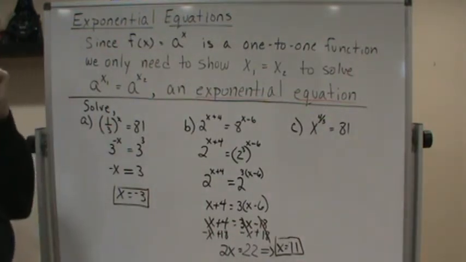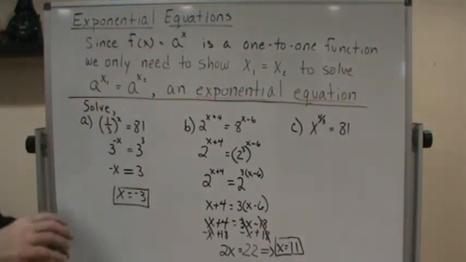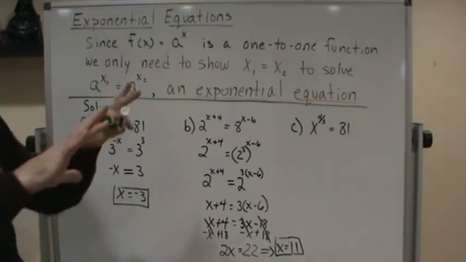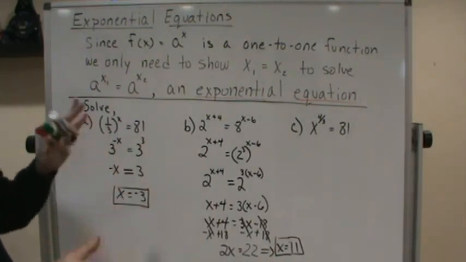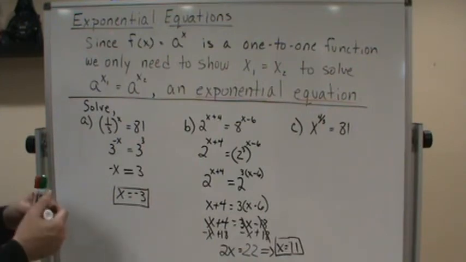Now, let's do C. I'm going to do it 2 ways. So again, I'm going to erase after I'm done, but again, you're going to want to make sure you're taking notes.